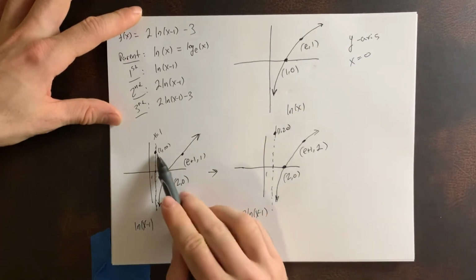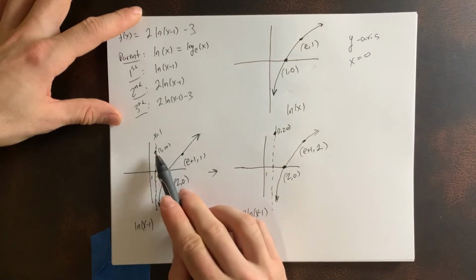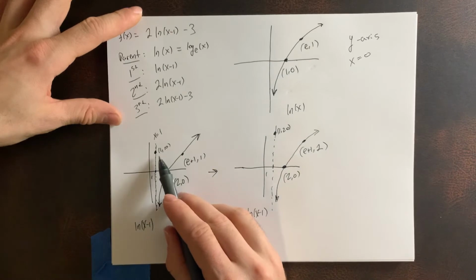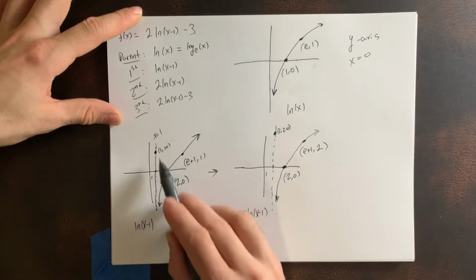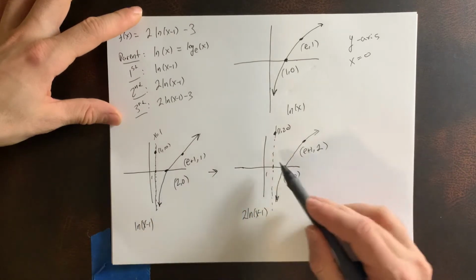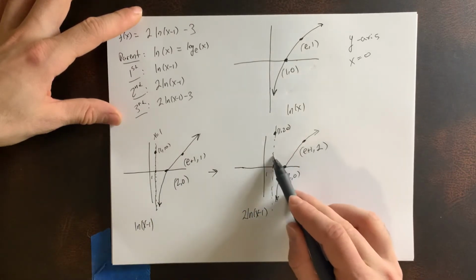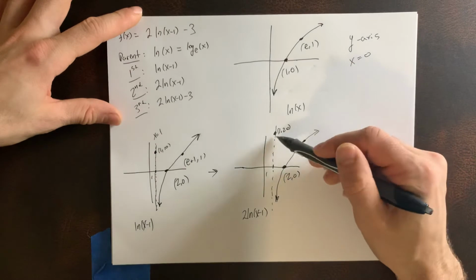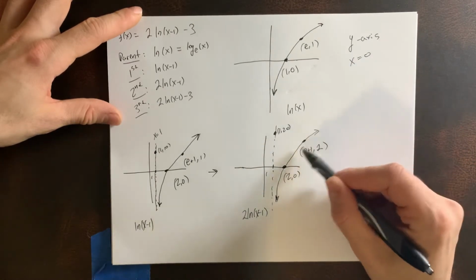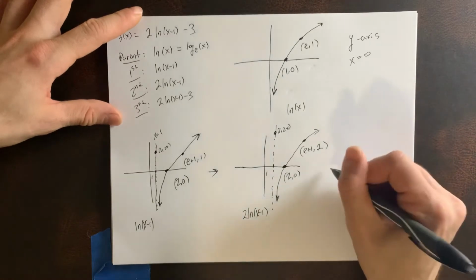But the main thing is that that point didn't move to the left or to the right. All it did was move up a little bit. So now it's up here. That's going to happen with all of these points. All of these points are just going to move up a little bit. They're not going to move to the left or to the right. So this line is not going to move over. And this is the line we're getting close to. So nothing really changes when we multiply all these y values by 2. The x values stay the same, so we're still going to get close to that line.